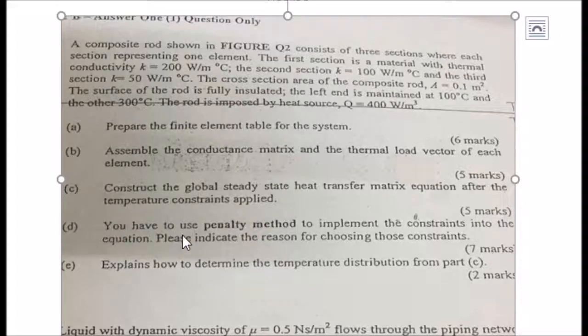D, use the penalty method to implement the constraint into the equation, and indicate the reason for choosing those constraints. And E, explain how to determine the temperature distribution for part C.